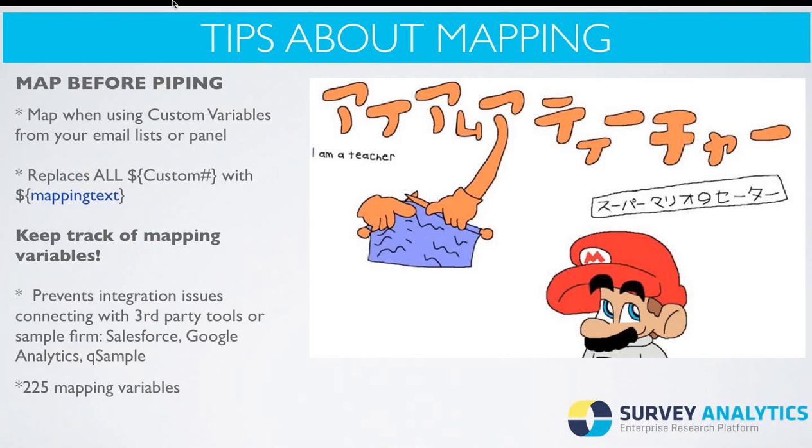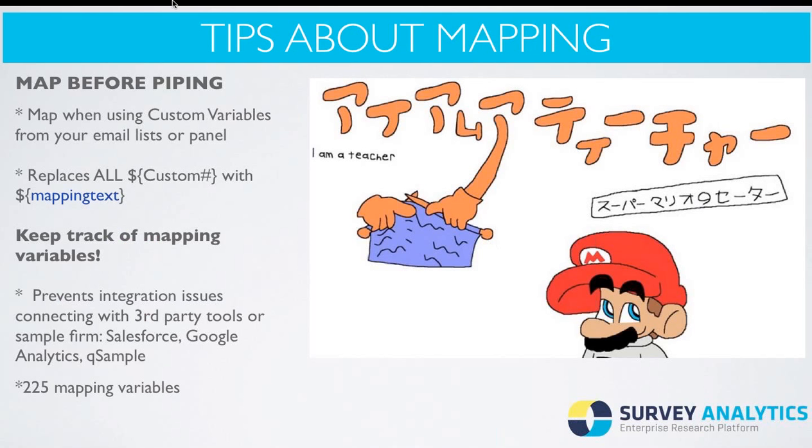Mapping usually should be done in the process of when you are creating your survey, so you know what kind of codes or maps you're going to be using, and then after that, you would apply any of your logic skip patterns. So that's probably why I said, use mapping before piping.